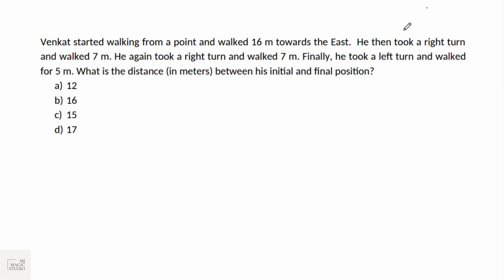Now, a question from direction sense, directions and distances. We have 4 directions, always north, south, east, and here is west. Venkat starts walking from a point and walks 16 meters towards east.